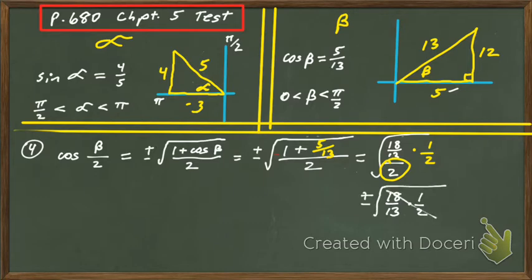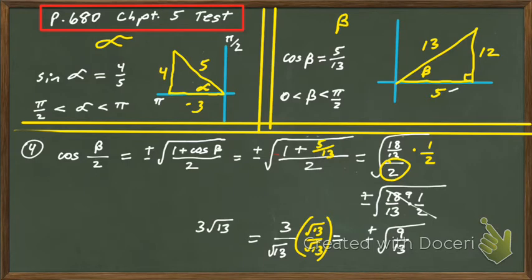Does 2 go into 18 9 times? So you get the square root of 9 over 13. Is there a square root of 9? 3 over radical 13. Then you would rationalize it because you can't leave a radical in the denominator. And that would give me 3 radical 13 all over 13.